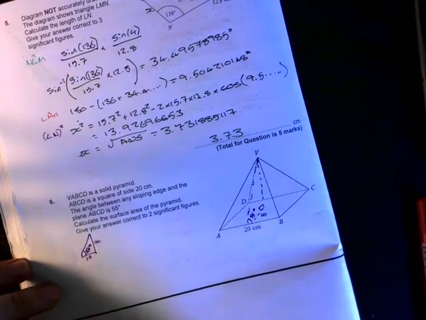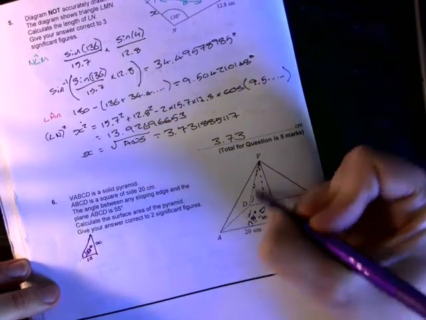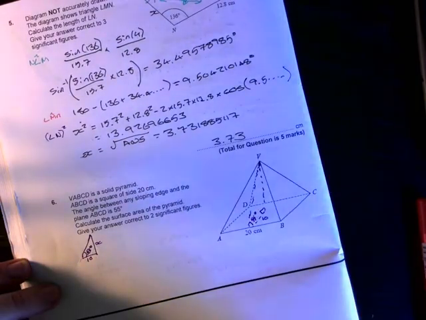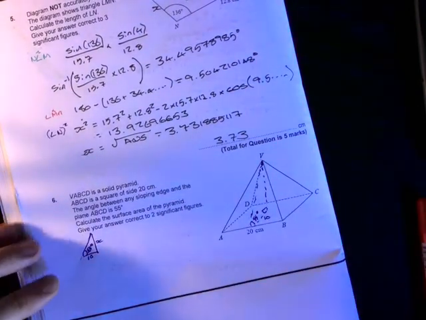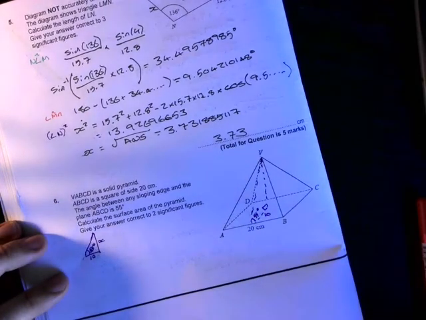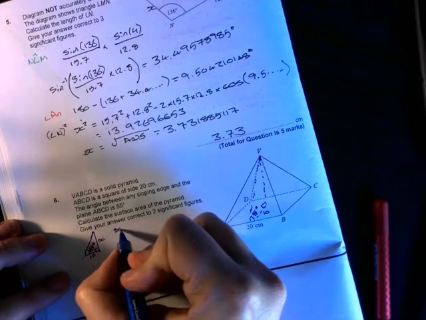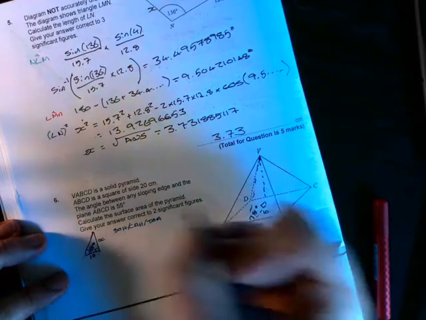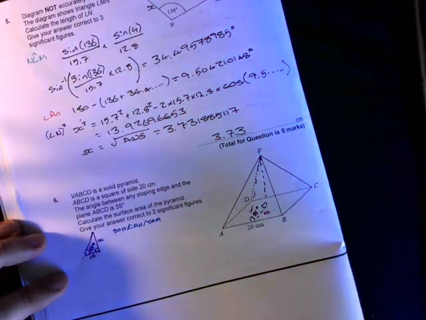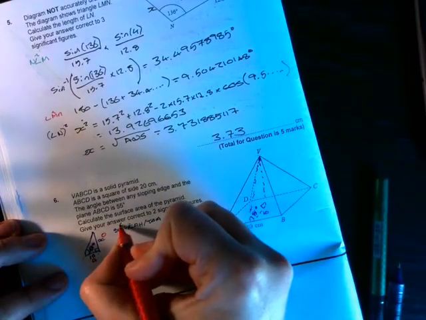Once we've worked out this, then we can work out this length here, which is the perpendicular height of one of the triangular faces. And once we've got that, we've got base times perpendicular height. So let's work out that. We're going to be using SOHCAHTOA because it's a right angled triangle. There was the right angle. Let's go with, this is the adjacent and this is the opposite.